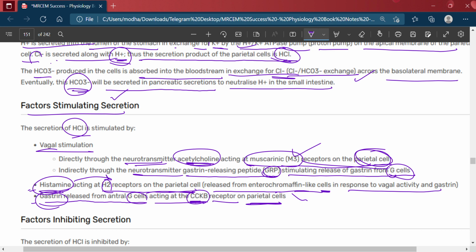Gastrin is stimulated by gastrin releasing peptide, and this gastrin from the G cell acts on the CCKB receptor in the parietal cell to secrete HCl. Histamine, secreted by the enterochromaffin-like cells, acts at the H2 receptor and causes secretion by the parietal cells.